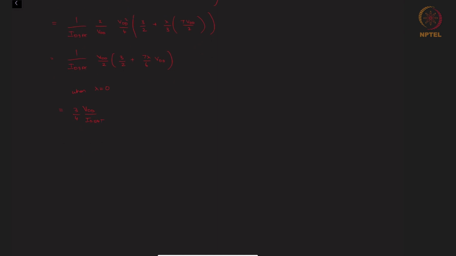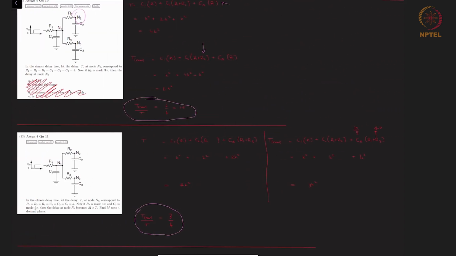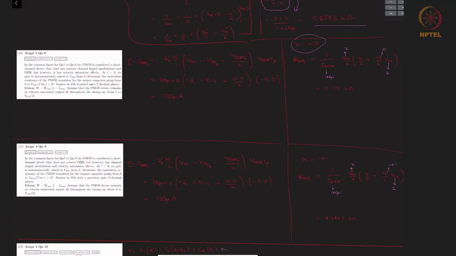And this is the final answer you get for question number 8. This is the equation that you take. For question number 9, this is the equation you take. And doing so, this is the working for question number 8, and this is the working for question number 9.